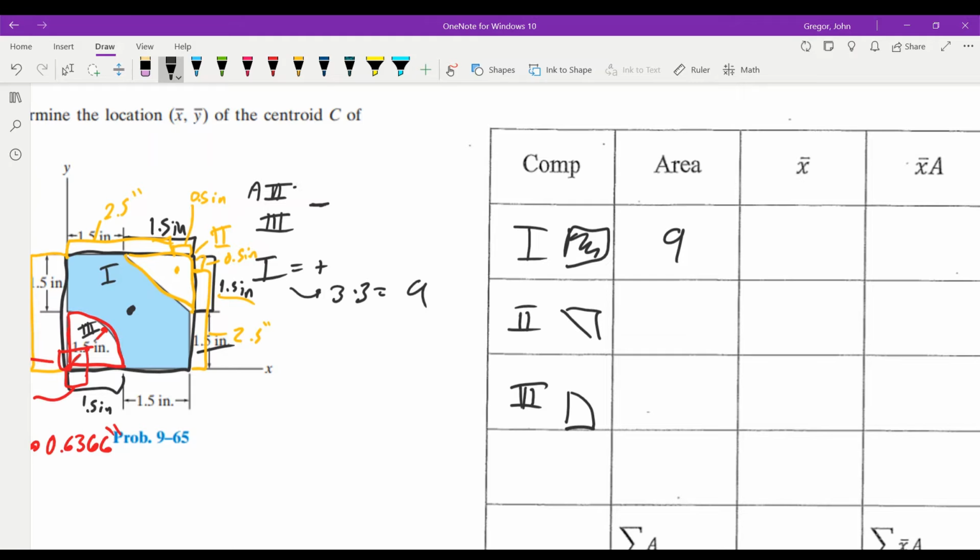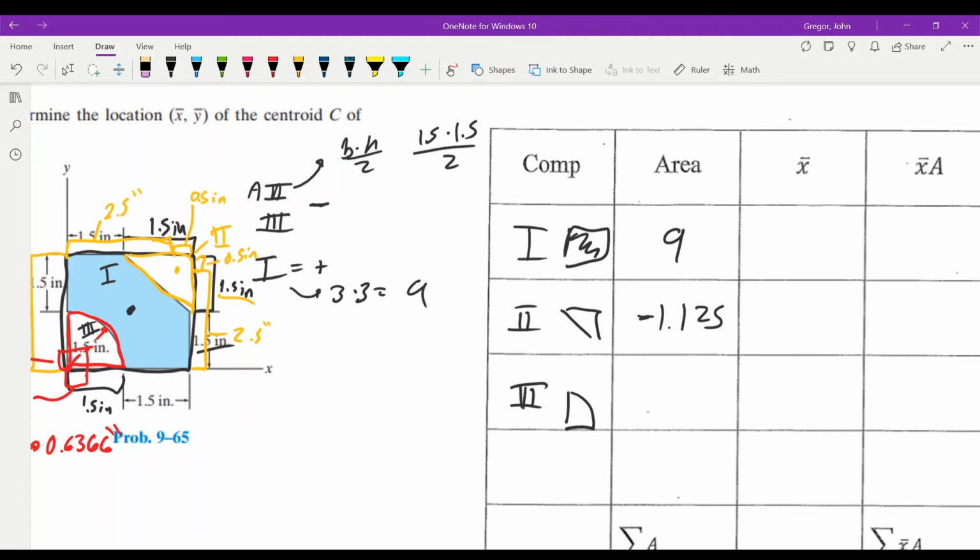For my second, it's base times height over 2, so 1.5 times 1.5 over 2, which gives us an area of negative 1.125. Remember, it's being subtracted, so we have to keep that negative there.